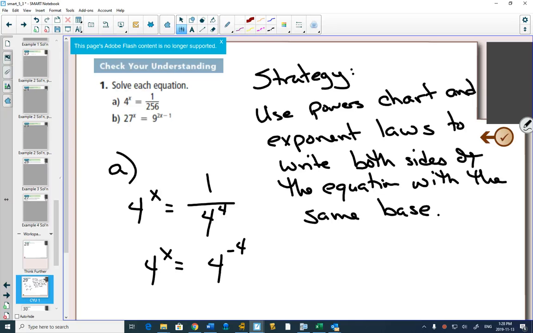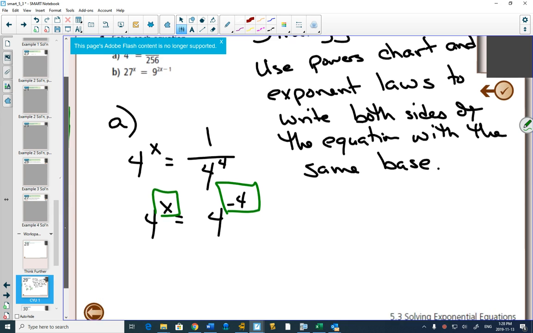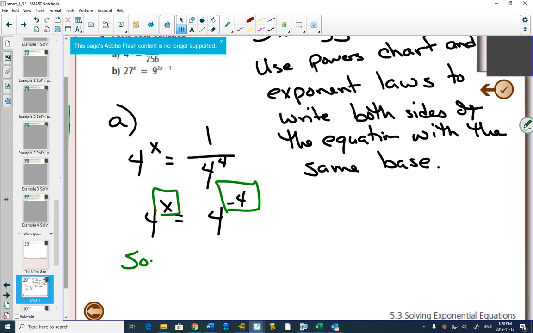Once you've got both sides of the equation with the same base, the next step isn't really mathematical. It's just logic. If 4 to the x equals 4 to the negative 4, then I know that x is equal to negative 4.